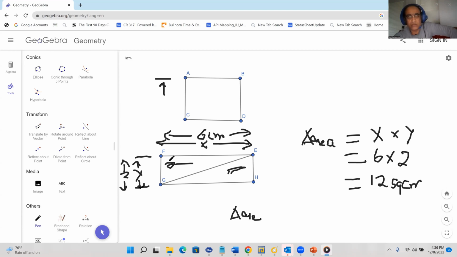So area of triangle, which is having sides as FE and FG, right, will be equal to exactly, since it's split into half, it will be half of x into y, right?